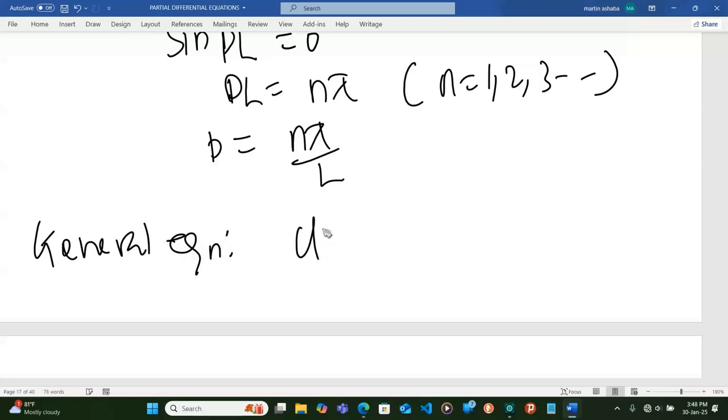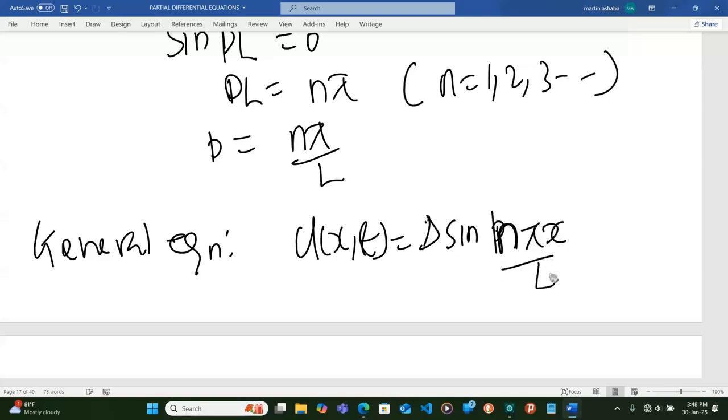Then u(x,t) will be equal to d sine, let's say sine n pi x out of L, and we'll have a cos pct plus b sin pct.